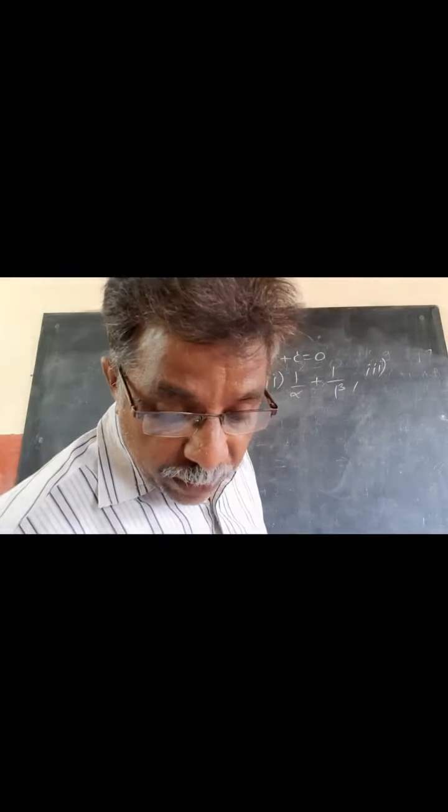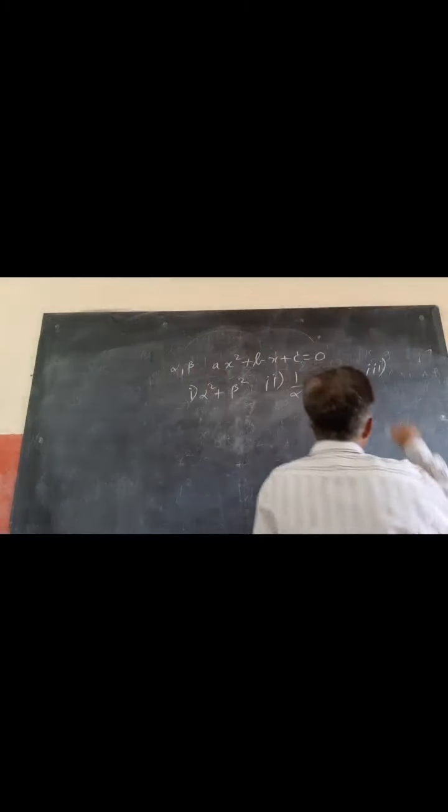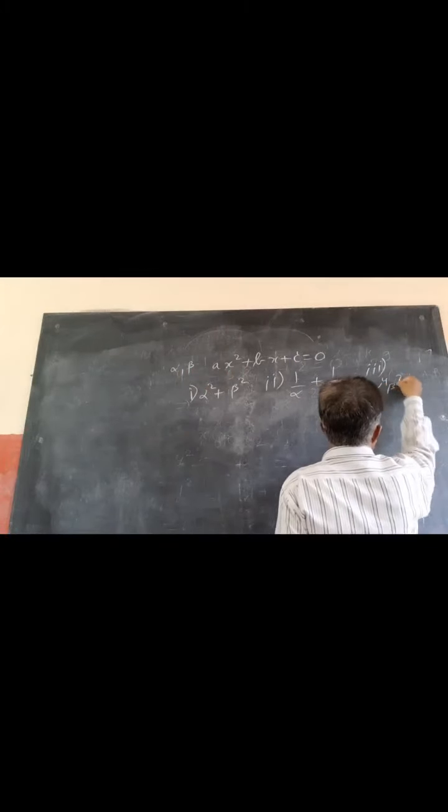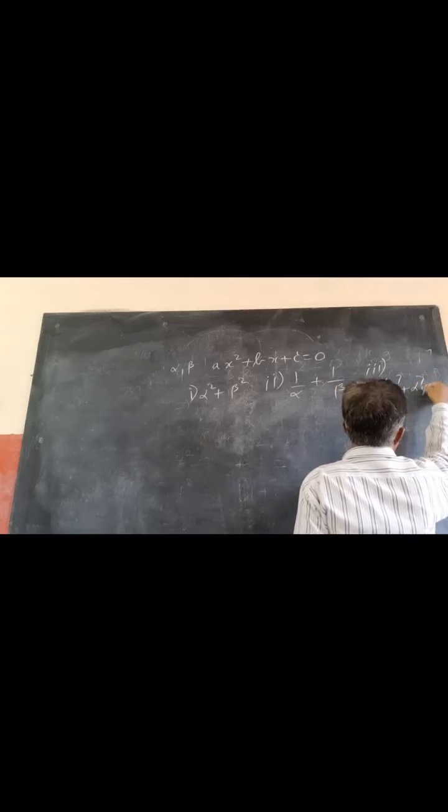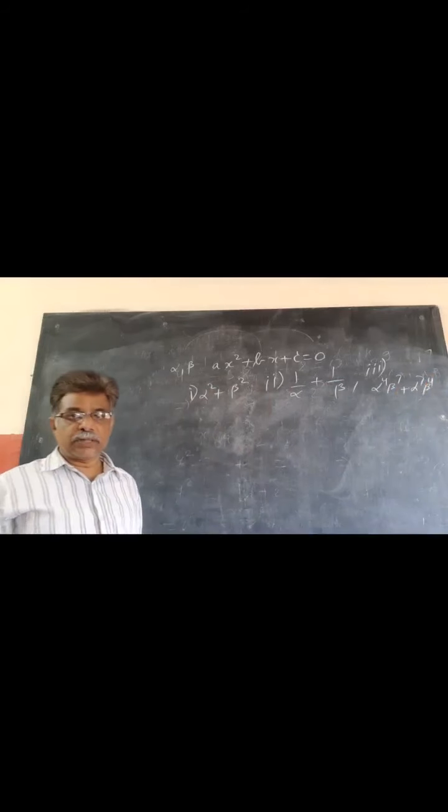Next, alpha power 4 beta power 7 plus alpha power 7 beta power 4. All these values he is asking.